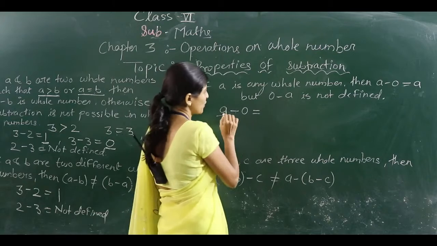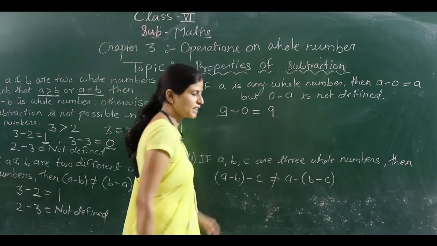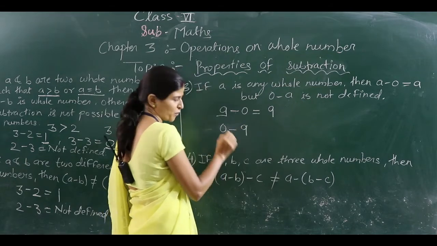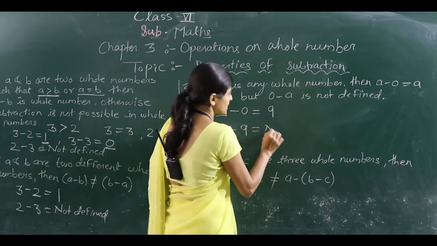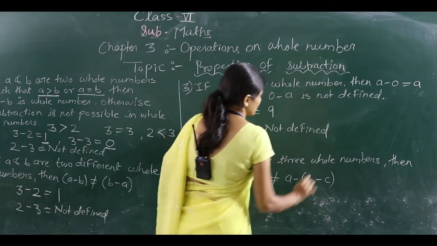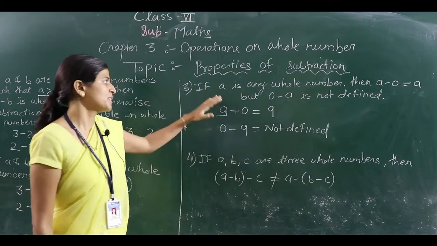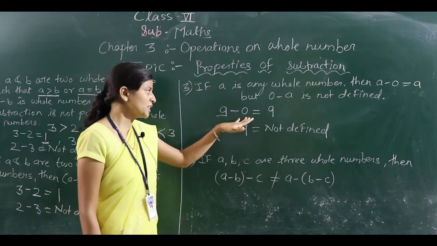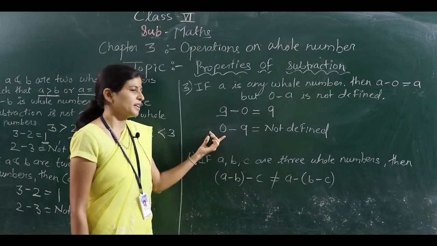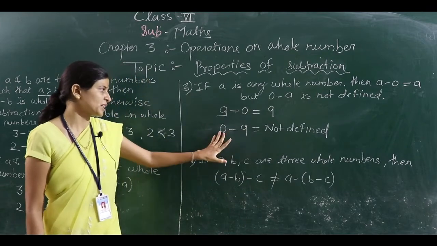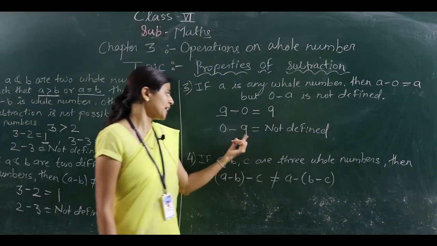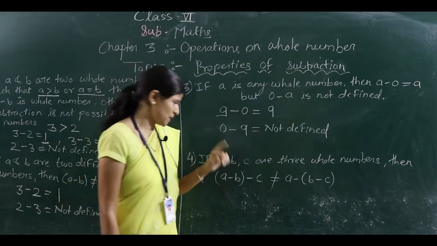If we subtract 0 from 9 we get the same number, that is 9, but if we subtract 9 from 0 the answer is not defined. So if we subtract 0 from any number we get the same number as the answer, but if we subtract a number from 0 the answer is not defined, because to subtract 9 from 0 is not possible.